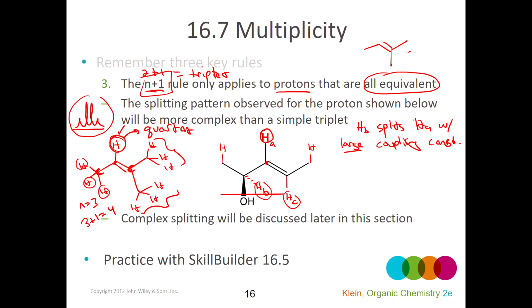So we'll just say, for the sake of argument, that B is splitting A with a large coupling constant. So that would give me a situation where the doublet that B splits A into would create two peaks that are far apart. Right? The distance between these two peaks is a long distance if I have a large coupling constant.